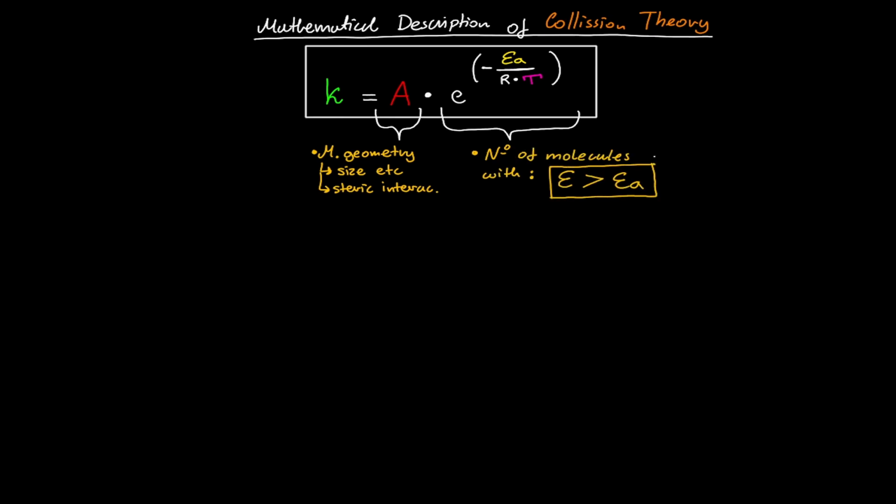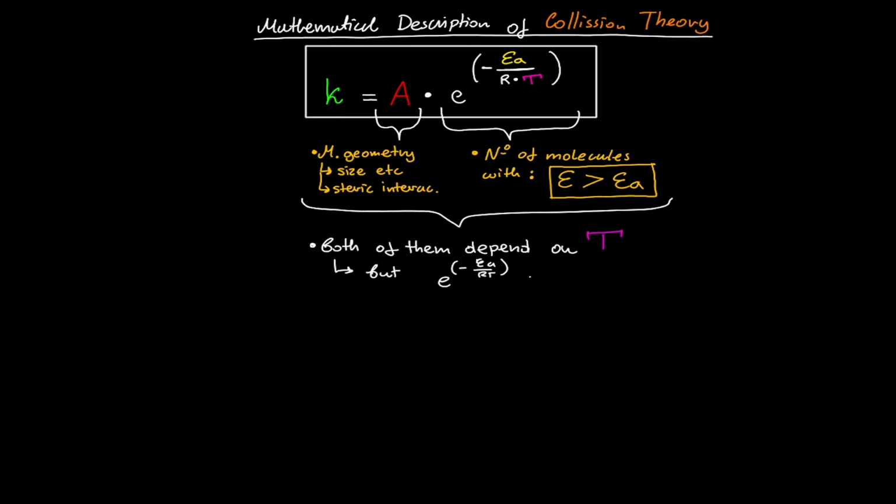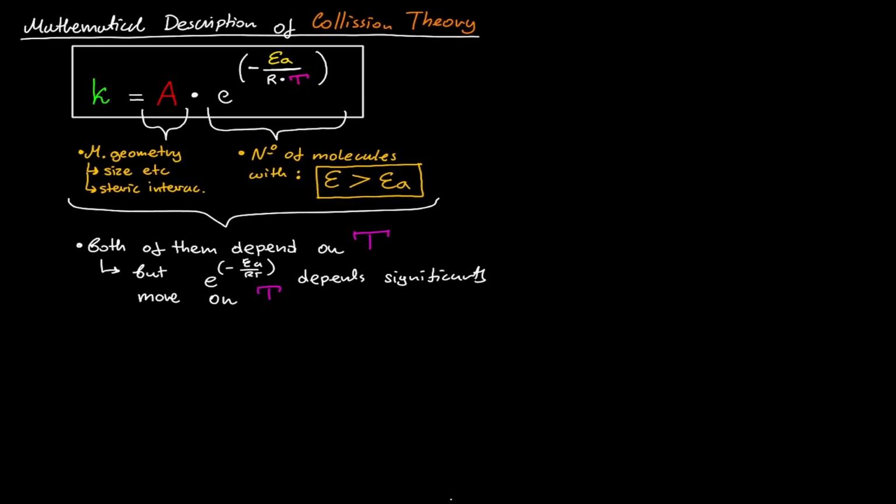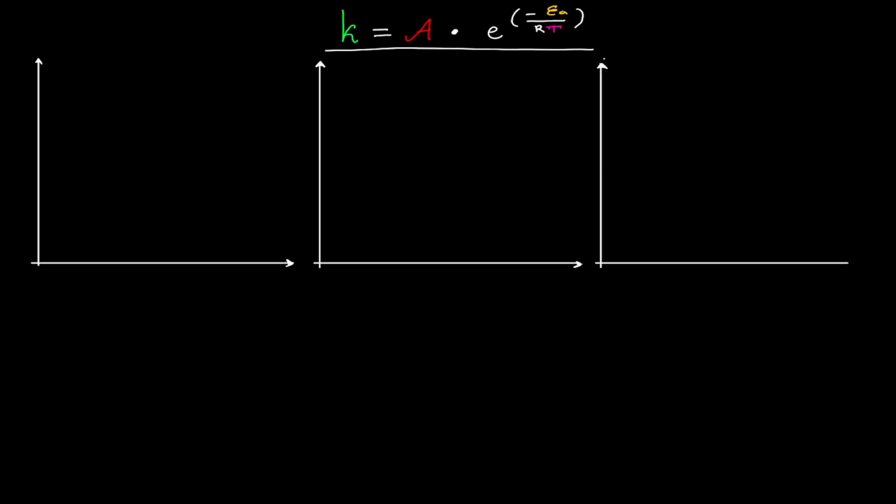So basically those are two constants, and they are specific for each reaction. Both the pre-exponential A constant and the second part with e depend on temperature. However, the second part depends on temperature much more significantly, so we can omit the fact that A is also dependent on temperature.